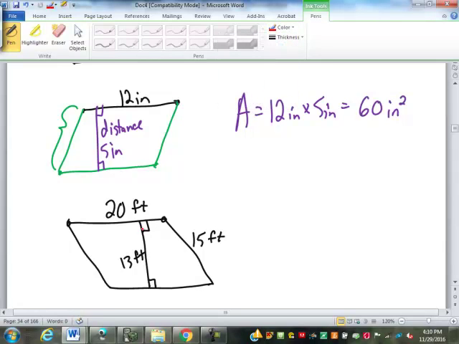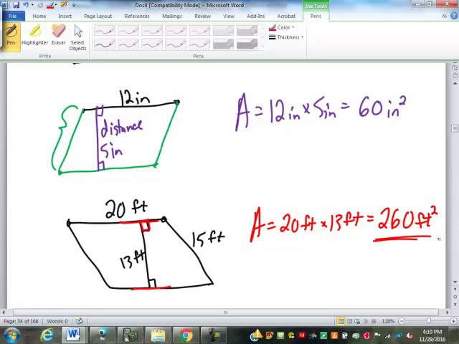Because it's perpendicular. For areas, I always have to multiply two perpendicular dimensions. And that 13 feet is the actual distance from where it started to where it stopped. So the area of that is 20 feet times 13 feet. 20 times 13 is 260. Feet times feet is feet squared, or square feet.